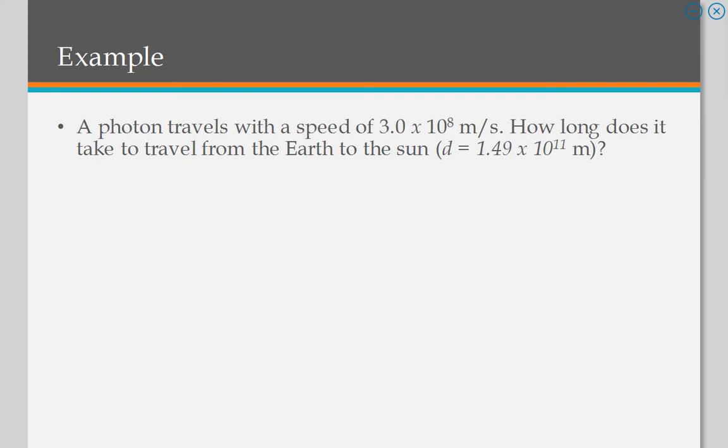Okay, next one. There's some terminology you might not be aware of. You guys know what this is? Particle of light. Okay? So this is more for physics 30, photons, but this is a particle of light, sure, and this is the speed that we're going to attach to the photon.